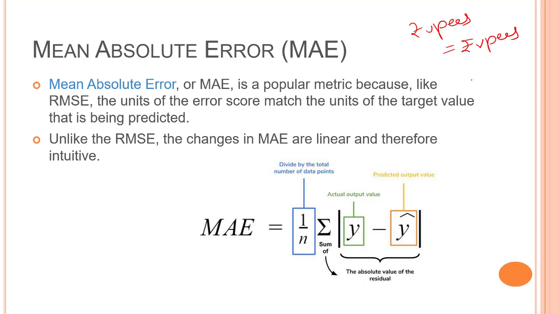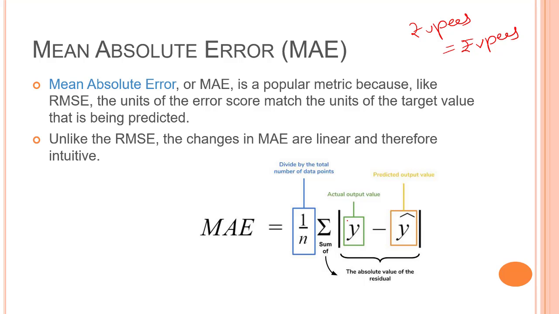Now what we have over here is the absolute value. As the name suggests, MAE is calculated as the average of the absolute error values.